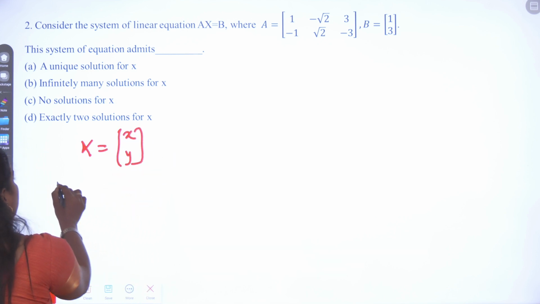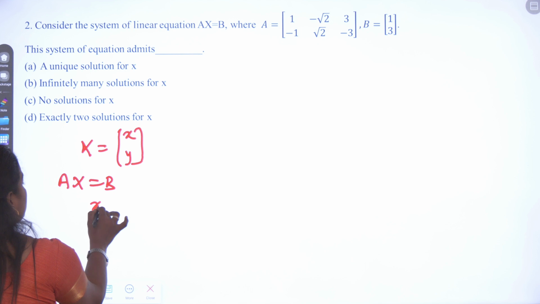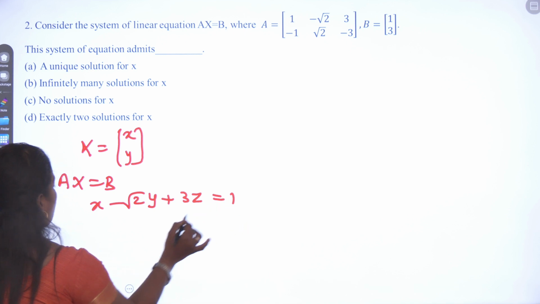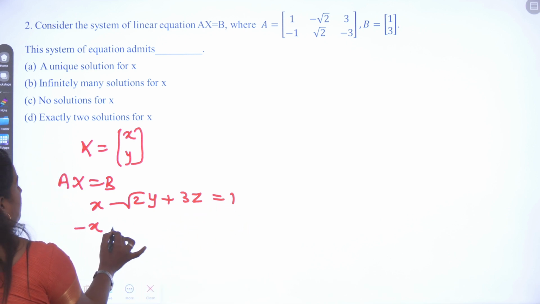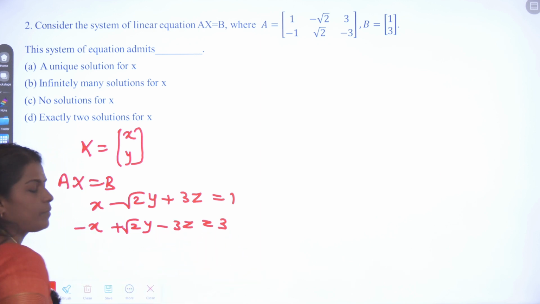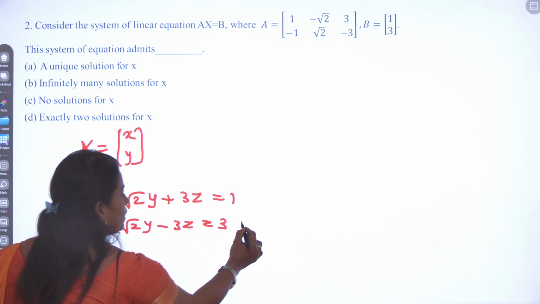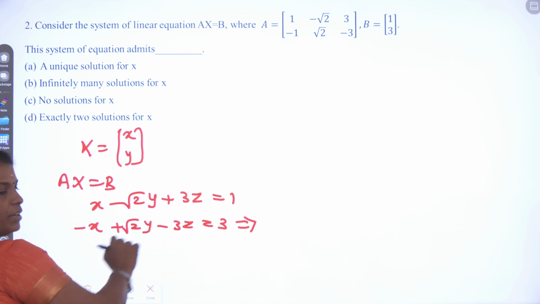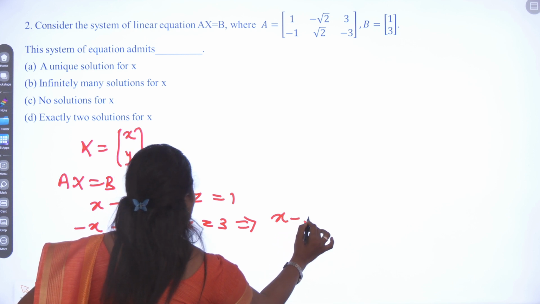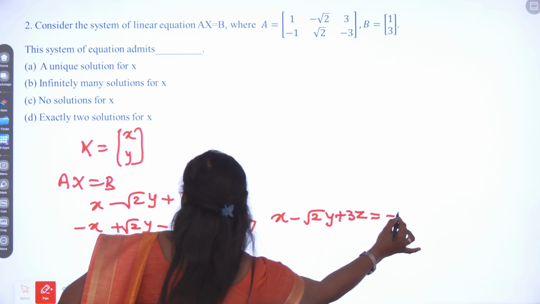Now this system Ax is equal to b becomes x minus root 2y plus 3z is equal to 1, and minus x plus root 2y minus 3z is equal to 3. Now the second equation can be written by taking minus as common outside, and it becomes x minus root 2y plus 3z is equal to minus 3.